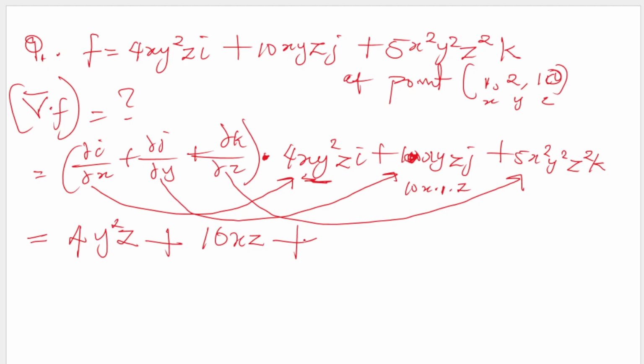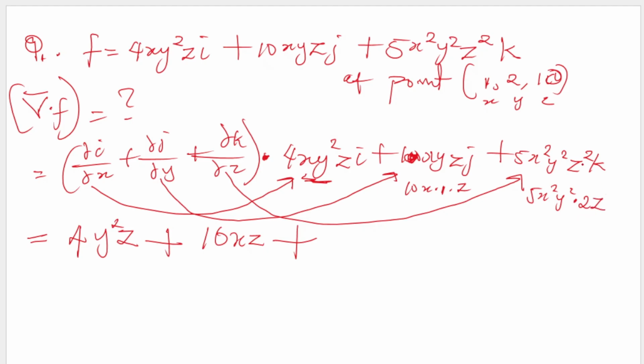Let's go back to the next one, which is 5x²y²z². Here, we are differentiating with respect to z. If you differentiate with respect to z, you have 5x²y² multiplied by 2z. Are we together?